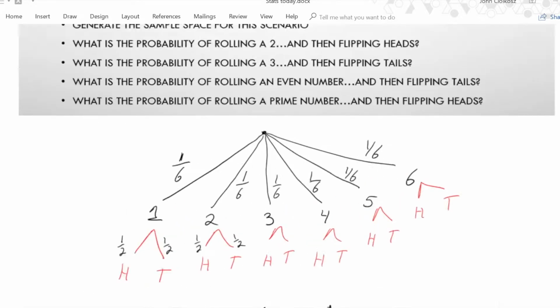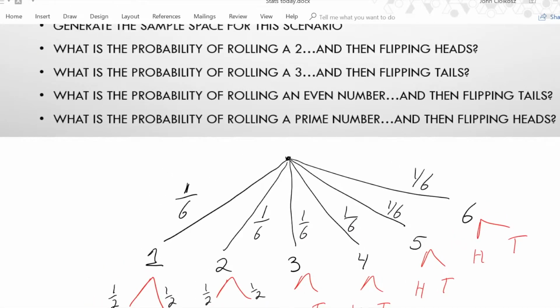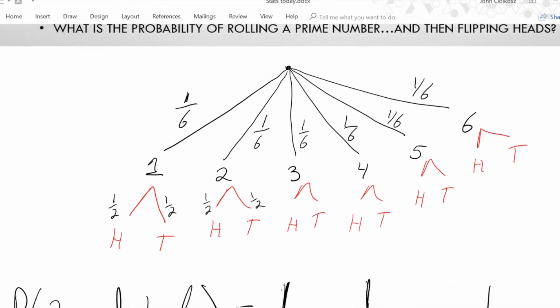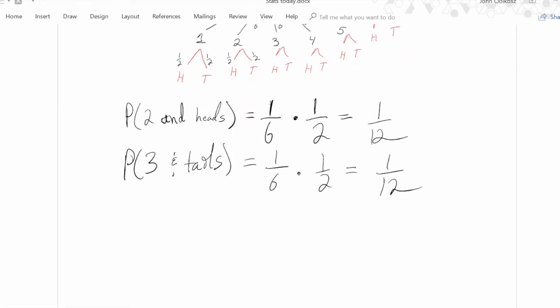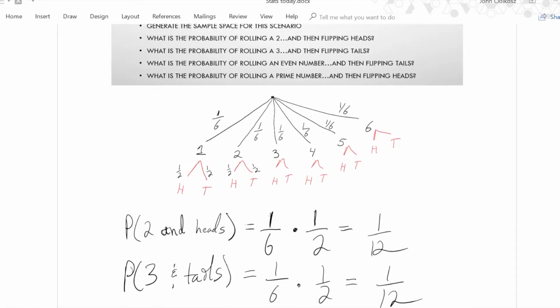All right, let's go ahead here and look at our last 2. So we have a probability of rolling an even number and then flipping tails. How many different even numbers are there? 3. We have the numbers 2, 4, and 6. So the probability of an even number, and what do we want? Tails.